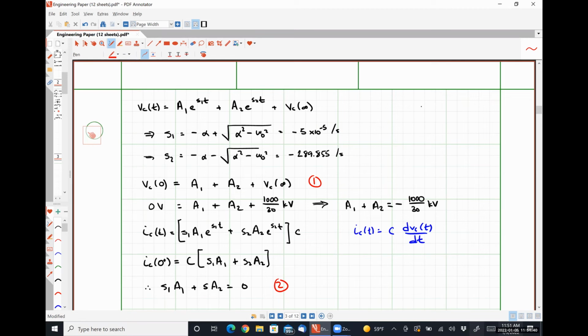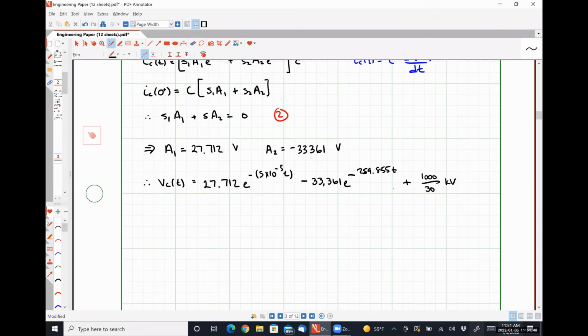So we have all of the parts to plug in to figure out what IC of T is fairly trivially, right? So IC of T is C S1 A1 e to the S1T plus C S2 A2 e to the S2T.